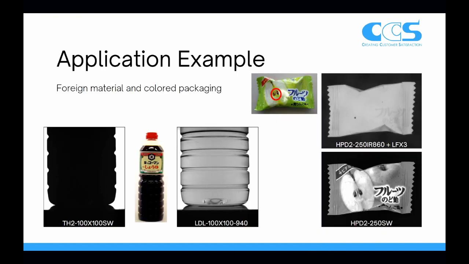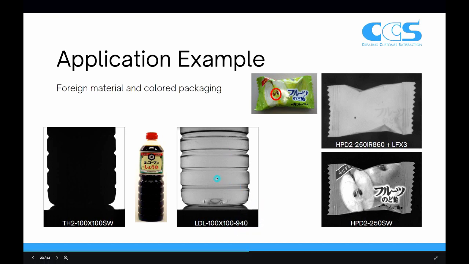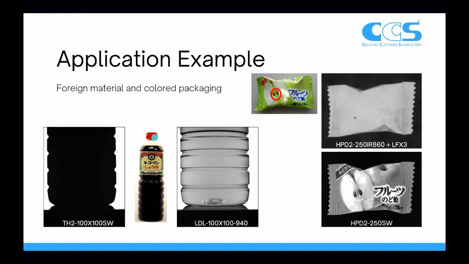Other application examples we have are looking at foreign material in soy sauce. When we use a white backlight, the white light hits the soy sauce and is blocked, so it doesn't reach through to the camera. Since no light passes through, it appears dark to the camera. But with an IR light at 940 nanometers, that wavelength is able to pass through the soy sauce unchanged and reach our camera.